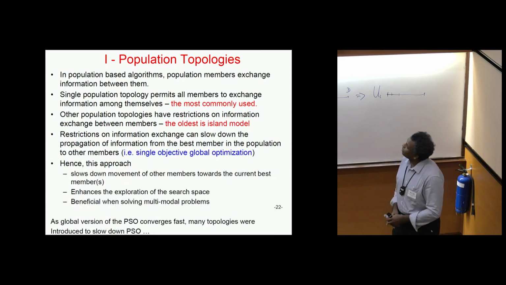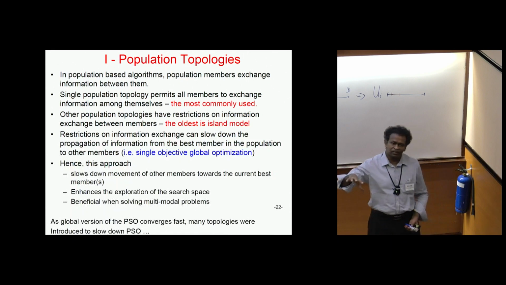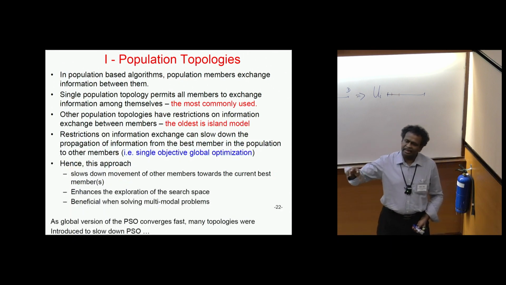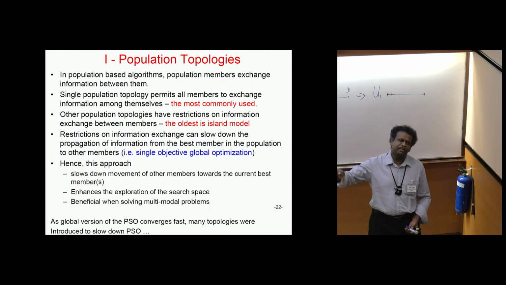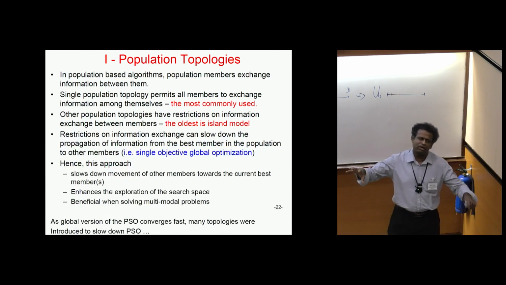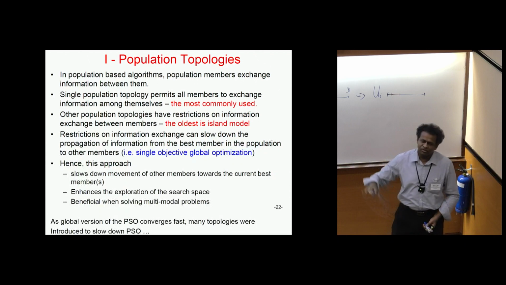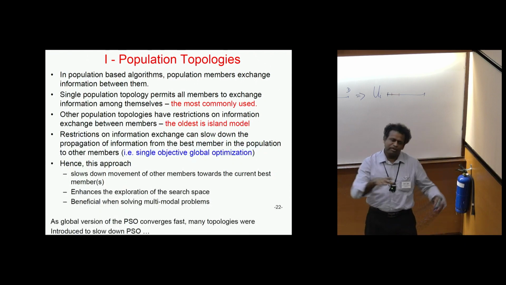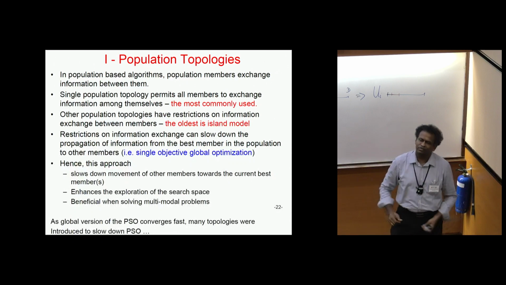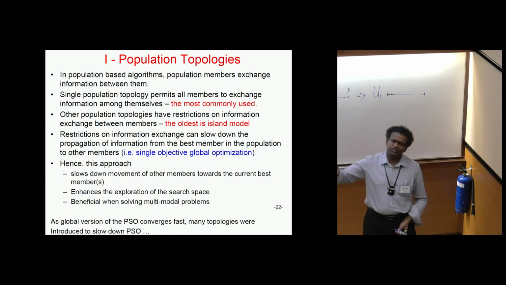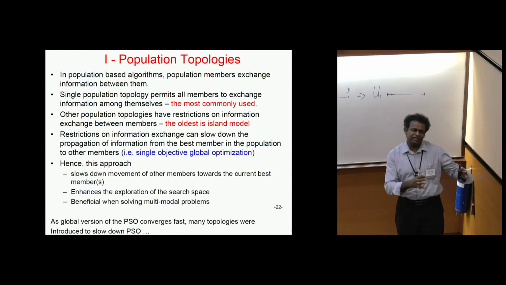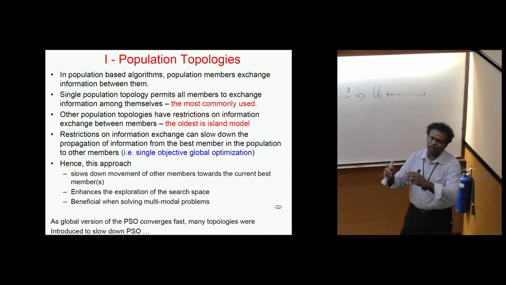But if you introduce population topologies, members that are located near each other can interact with each other but cannot influence the members far away. So an initial solution located at one particular place may not influence others located far away from it. By introducing topologies, you are restricting the interaction within local neighborhoods.